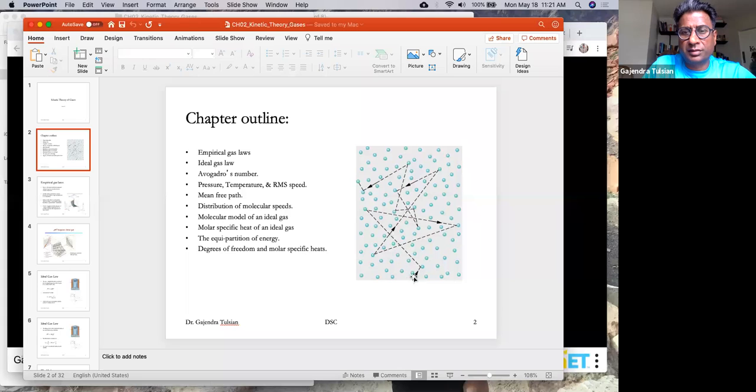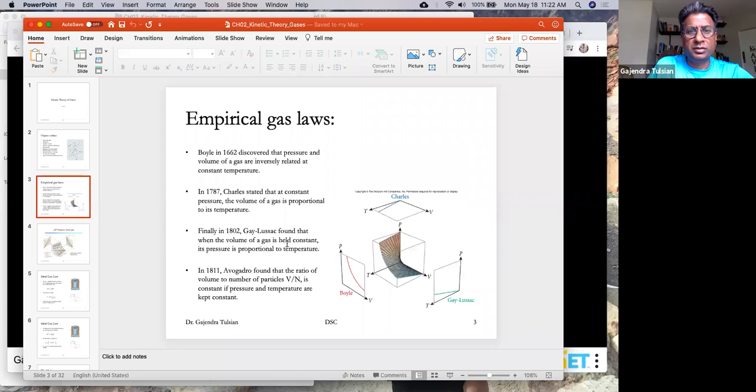Here's the path of a single atom, and you can see it is taking a random path. The mean free path is the mean distance it travels before colliding with another atom or the walls. We'll talk about the distribution of molecular speeds, and then molar specific heat. And another very important point, the equipartition of energy, which you'll understand when we get to it. Okay, so let's get started.